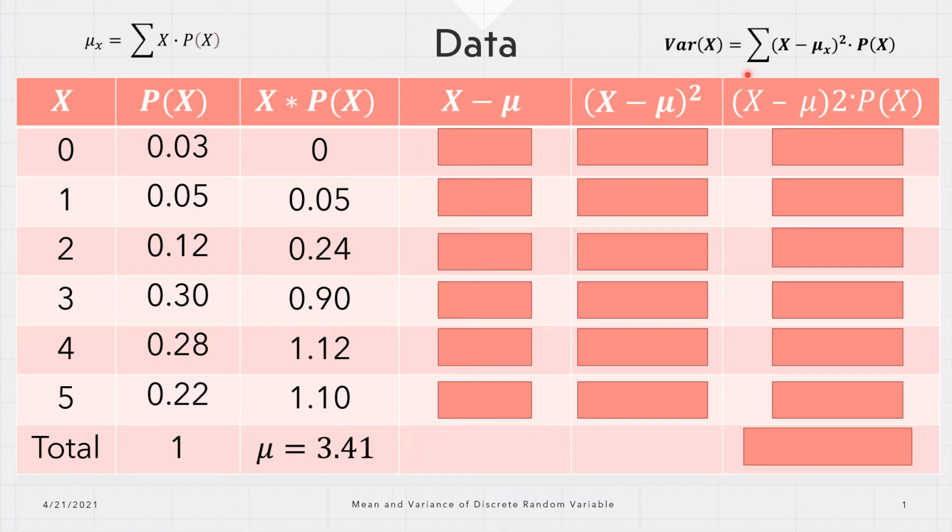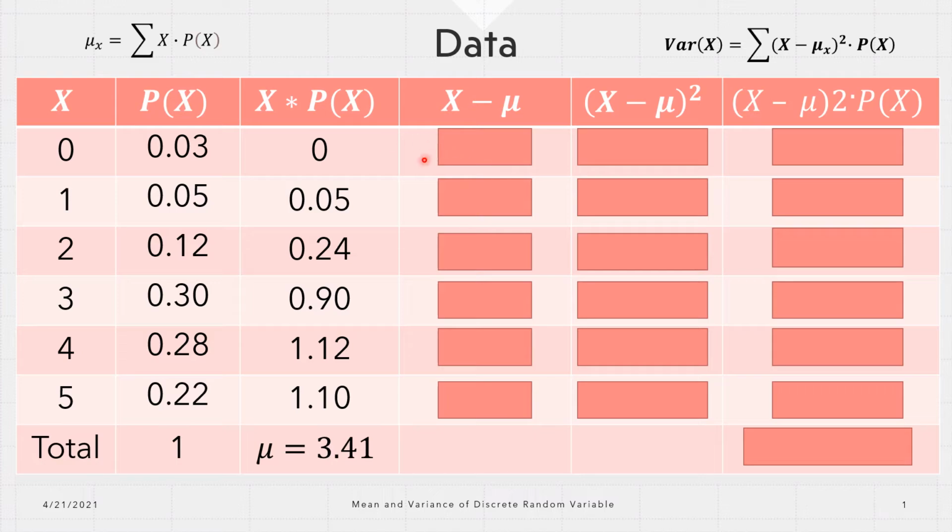As you can see, we need to determine the difference between the value of the random variable and the mean. So in this first column, we are going to determine the difference of the score and the mean.